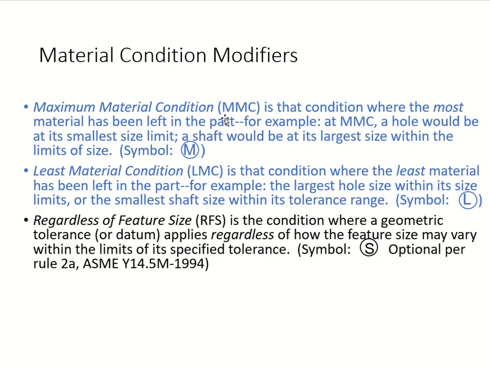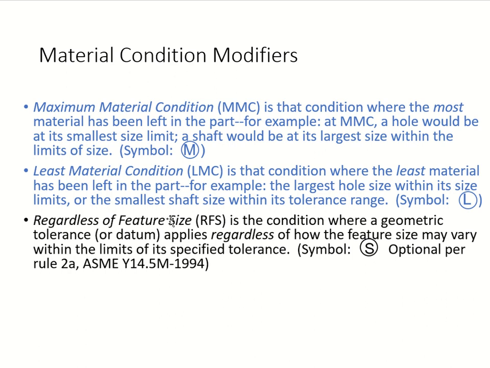All right, so now reiterating MMC, this is LMC. Then we'll get into regardless of feature size. This will be in your next handout, but for lecture, I'm just going to go ahead and cover it all the way through. Regardless of feature size, most people say RFS. You will see in some of the books they say just RF, meaning regardless of feature.